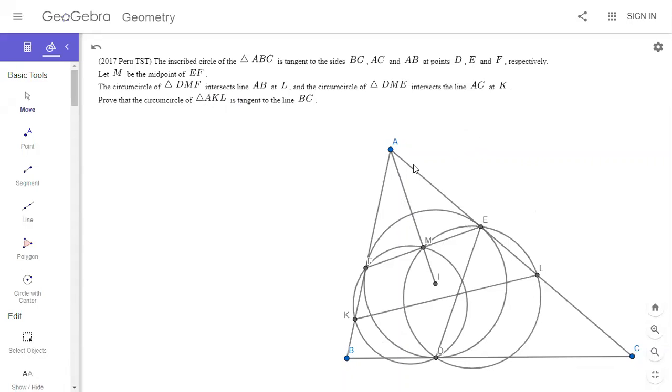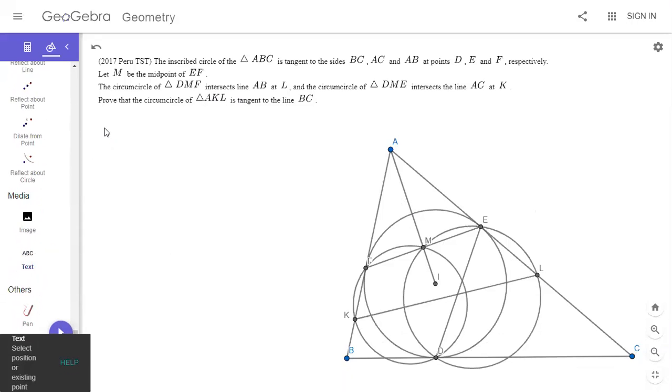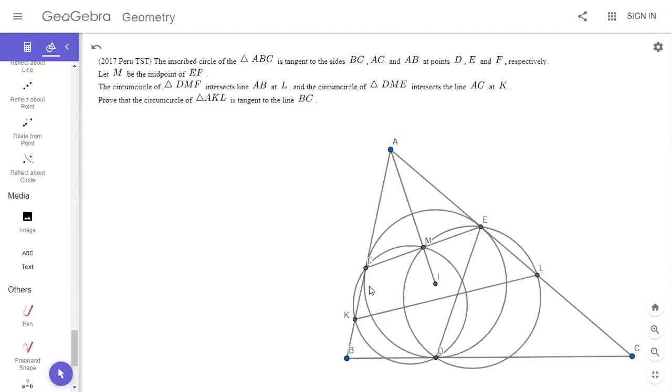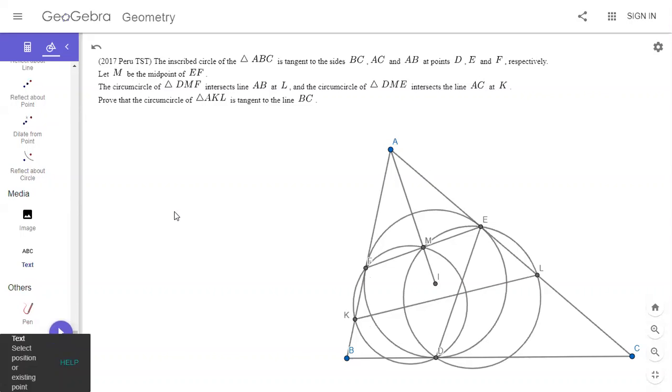Okay, so first I want to show AKDL is cyclic, so I'm going to do that. Sorry, the text covers up the figure, but we have KDL is KDM plus MDL.